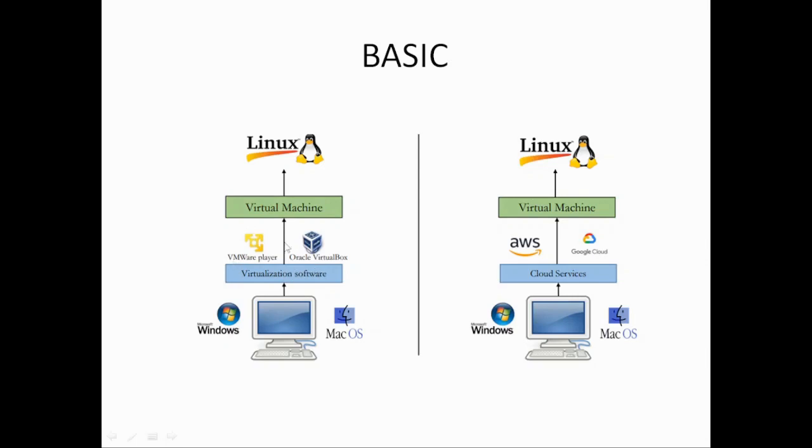On this virtualization software you can create the virtual machine, which we are going to see in the upcoming minutes. Virtualization software gives the capability to run multiple operating systems on the same hardware. So we can run multiple operating systems with the help of virtualization software like Oracle VirtualBox or VMware player.